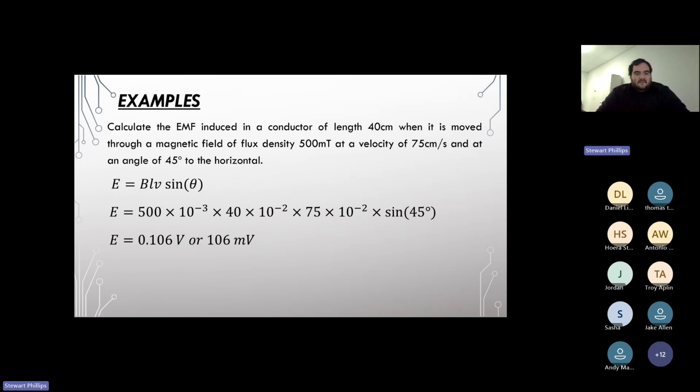So negative 3 bracket times bracket 40 times 10 to the negative 2 bracket multiplied by bracket 75 times 10 to the negative 2 bracket times sine 45, and then don't close the bracket and then hit equals.